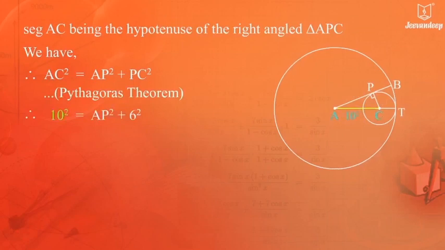Therefore, 10 square equals AP square plus 6 square, or AP square equals 10 square minus 6 square equals 64. Therefore, AP equals 8.